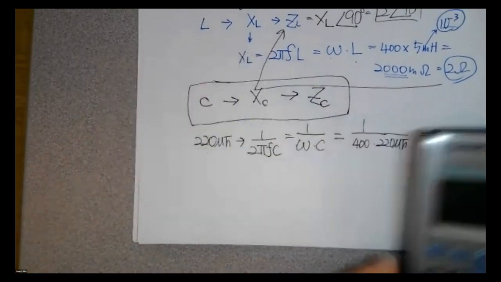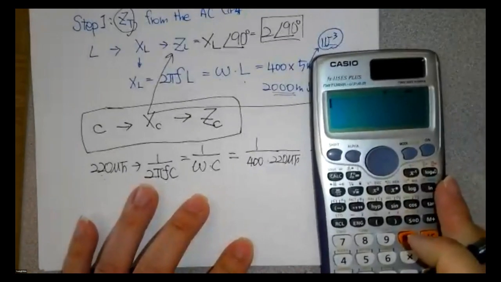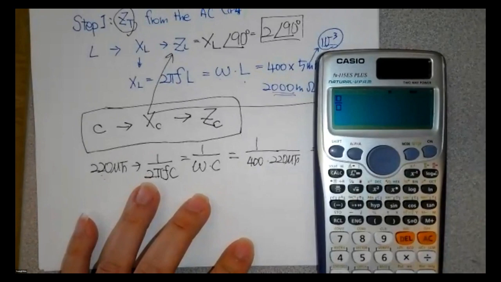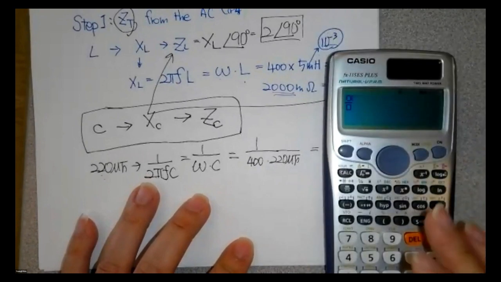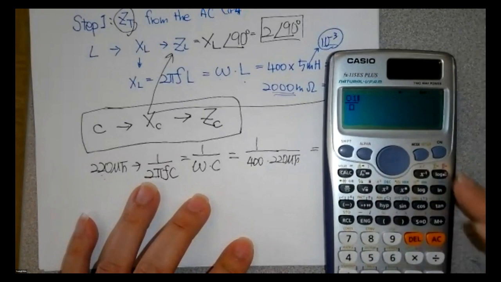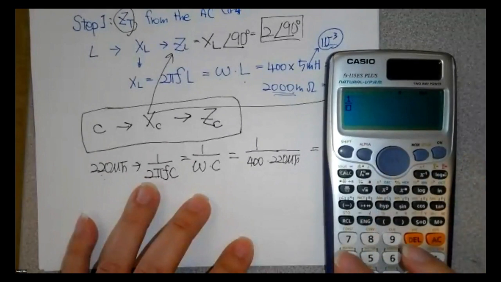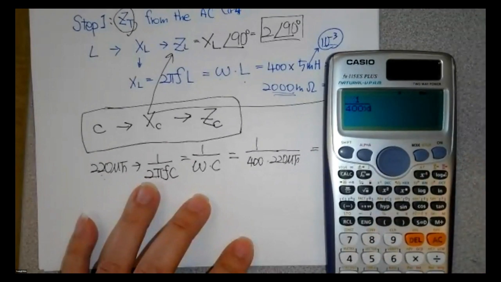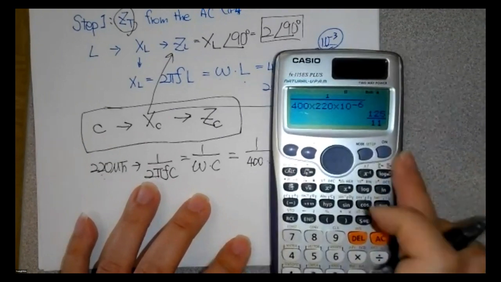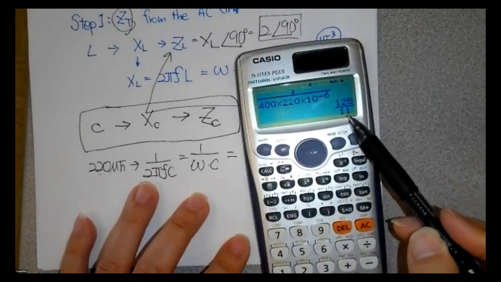I'm going to use the calculator here: 1 over 400 multiplied by 220 multiplied by 10 to the minus 6.